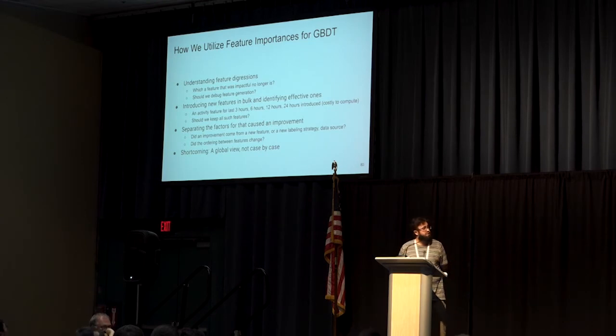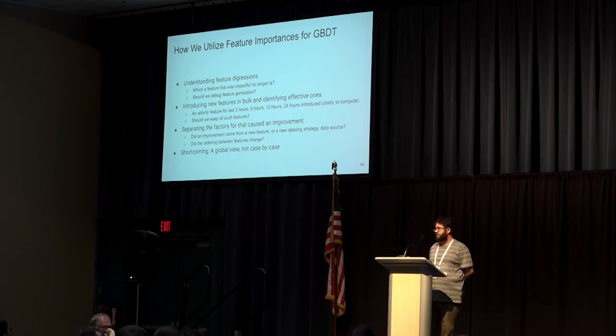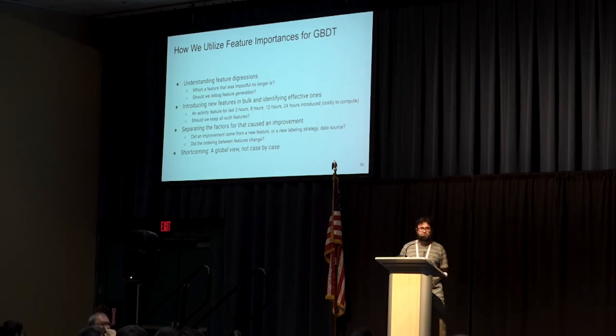Something that is also more relevant to industry cases: suppose we have real-time features. Real-time features meaning that we compute something about a user's behavior for the past 3 hours or the past 6 hours. That also means that we have to compute this feature quite frequently.